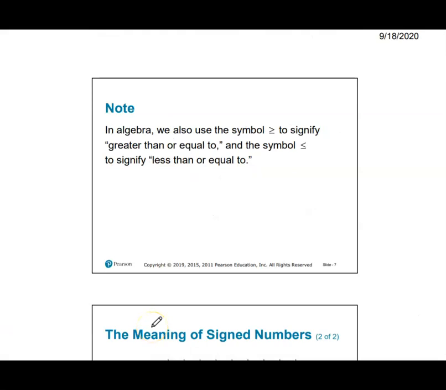In algebra, we also use the symbol greater than or equal to, and see it's got this little line underneath there. That symbolizes the equal to part, and the symbol less than or equal to signifies less than or equal to.